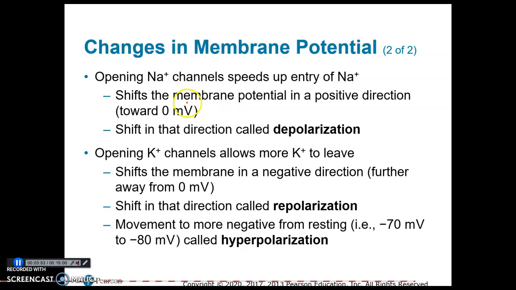And so if we open those gated channels, if we open a sodium channel, for example, we're going to have more sodium moving into the cell. And sodium is positively charged. So that negative value on the inside of the membrane is going to become more positive.